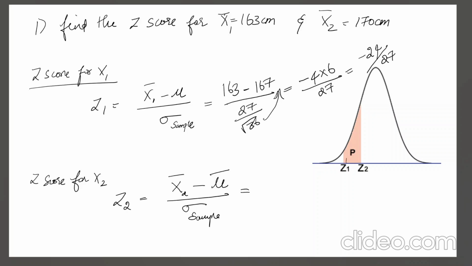We are going to find the probability between these two standard normal variates. Now we have found Z1: calculate along with me, it's 24 divided by 27, which is 0.89.